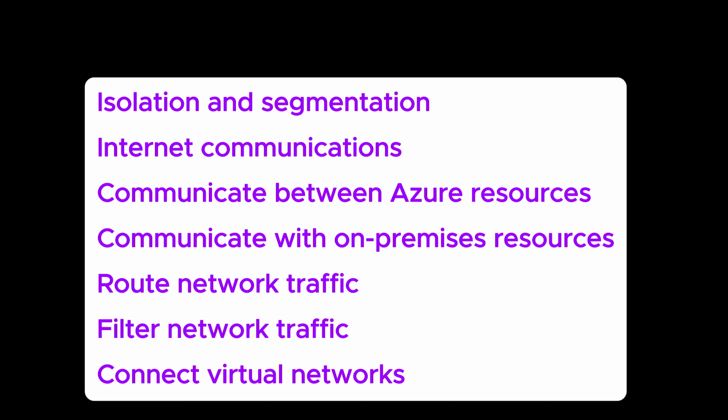Okay, fifth one is routing network traffic. By default, Azure routes traffic between subnets, connected virtual networks, on-premises networks, and the internet. You can also control routing and override those settings as follows. Route tables allow you to define rules about how traffic should be directed.